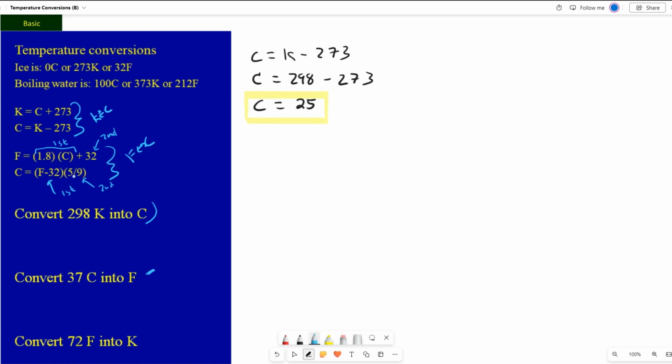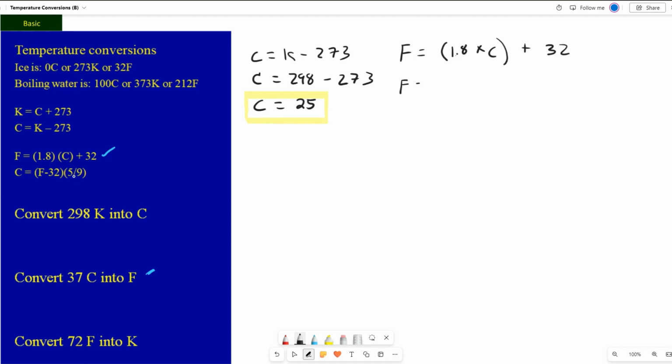If we take a look at the second example down here, convert 37 Celsius into Fahrenheit. To do that one, we need to use the second group of equations here. Fahrenheit is equal to 1.8 times Celsius plus 32.